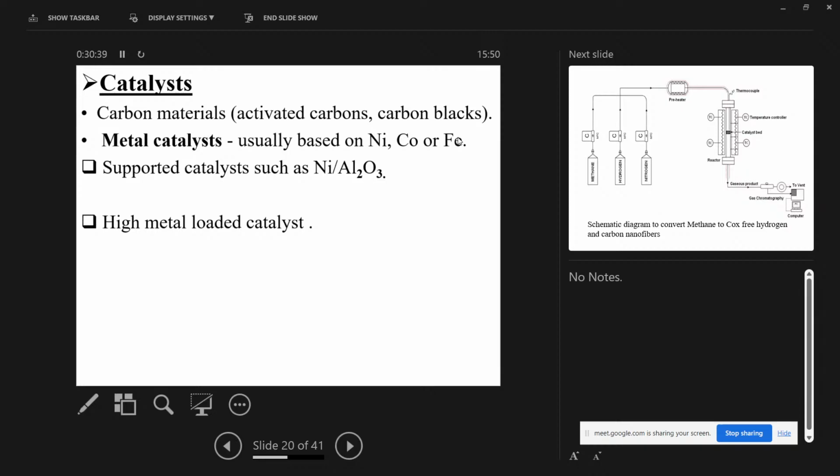That will give you more than 95% hydrogen, almost COx-free, and the carbon produced from this is carbon nanotubes, which is very costly.